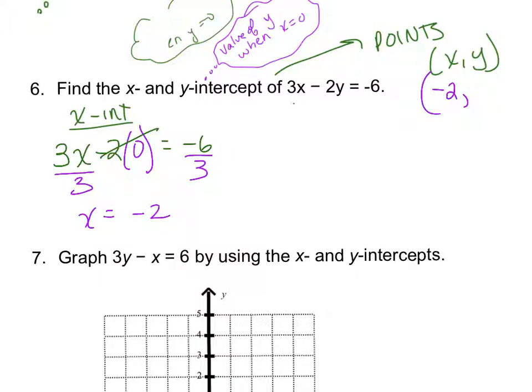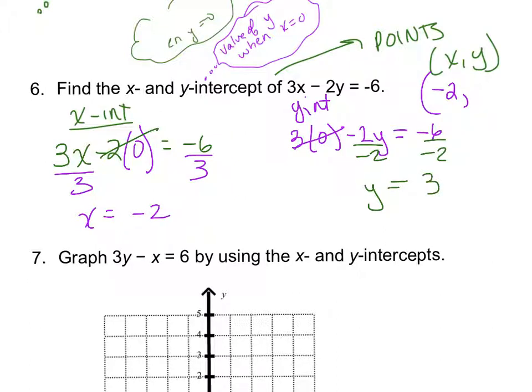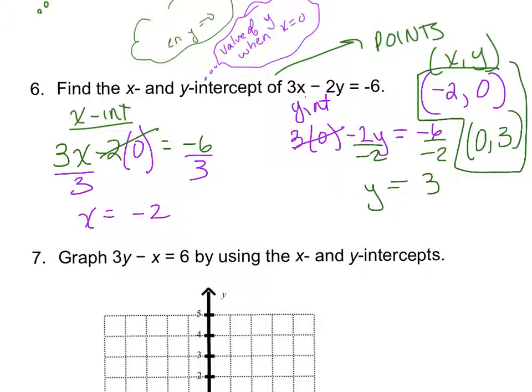The y-intercept is the value of y when x is 0. That cancels out. Divide by negative 2 on both sides. Y is equal to positive 3. So the y-intercept is 3, meaning that the x-intercept is negative 2 comma 0, and the y-intercept is 0 comma 3. Okay, so that is your answer right there. This is the x-intercept. This is the y-intercept.